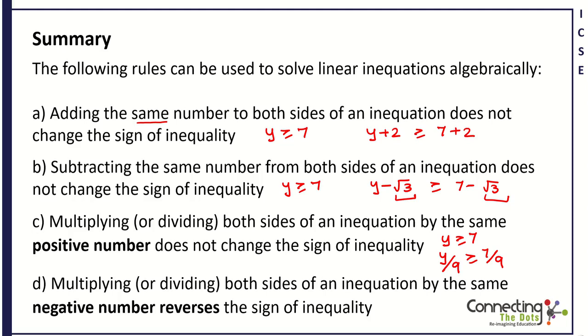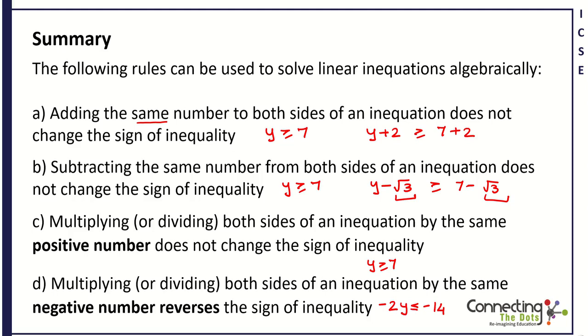And the last rule is multiplying or dividing both sides of an inequation by the same negative number reverses the sign. So what does that mean? If you start with the inequation y is greater than or equal to 7, if I multiply both sides of the inequation by negative 2, then it becomes minus 2y less than or equal to negative 14.